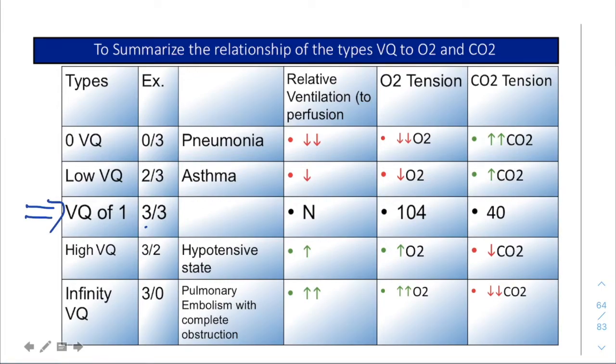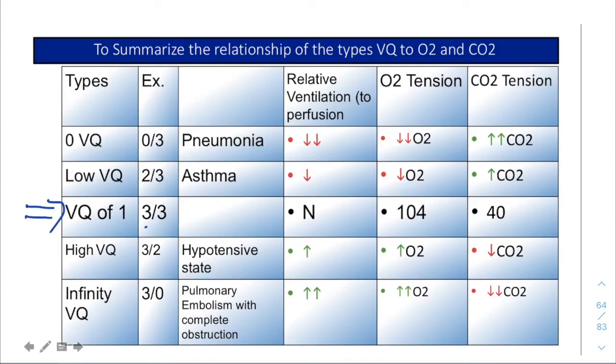In patients with a low VQ, such as in cases of asthma, you have a lower relative ventilation to perfusion. When you have a lower ventilation or hypoventilation, you have a lower oxygen tension and a high CO2 tension.